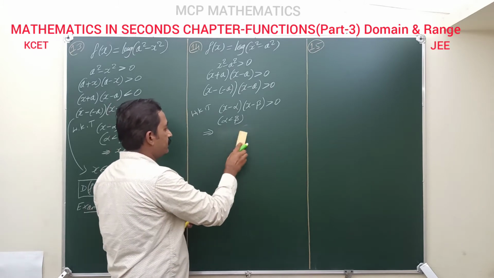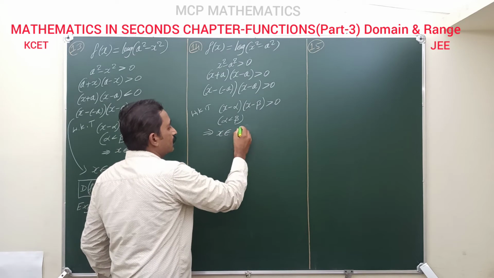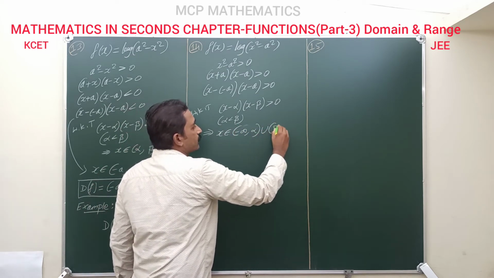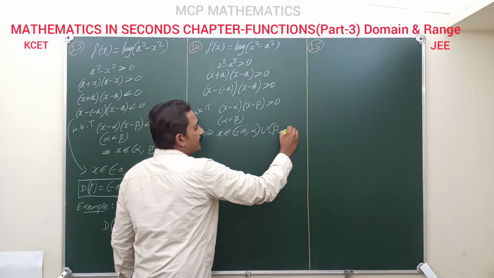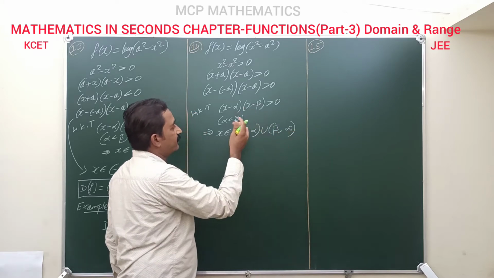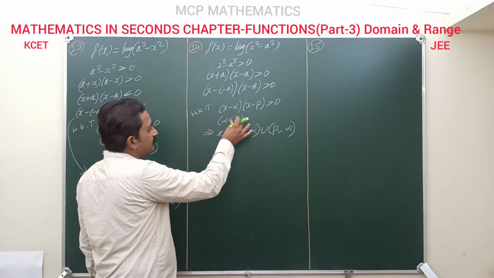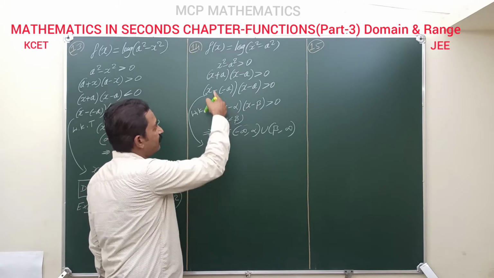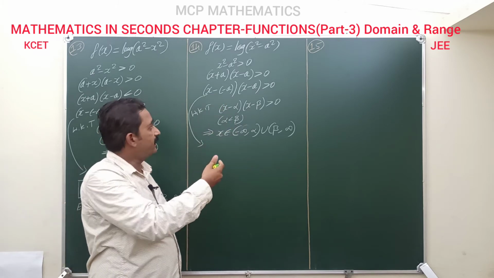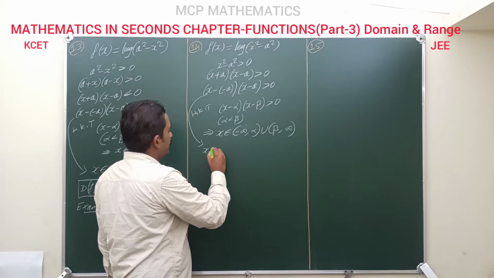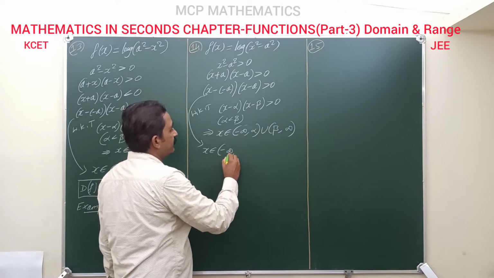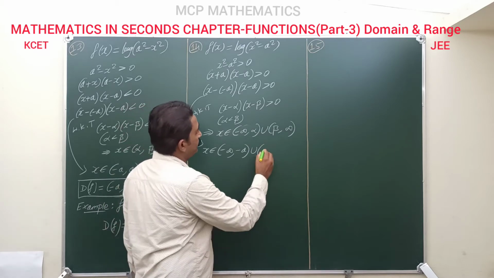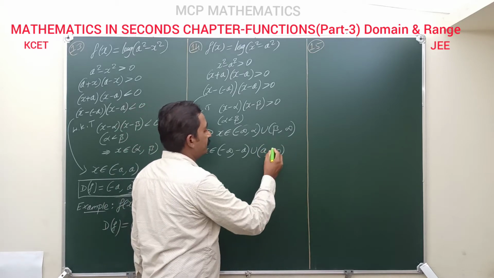This can also be written as x belongs to the open interval minus infinity to alpha union beta to plus infinity. In the place of alpha, minus a is there, and beta is plus a. So the solution becomes x belongs to minus infinity to minus a union plus a to plus infinity.